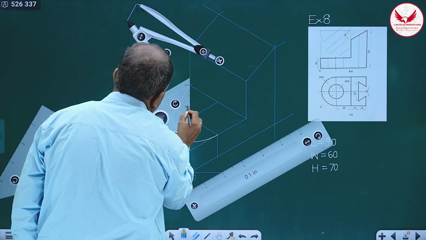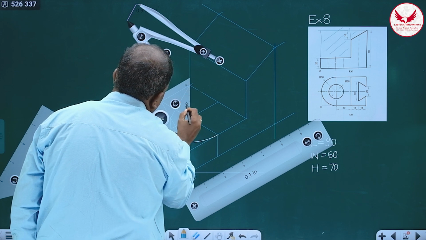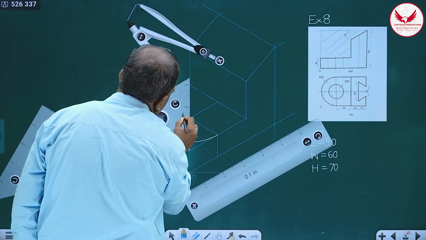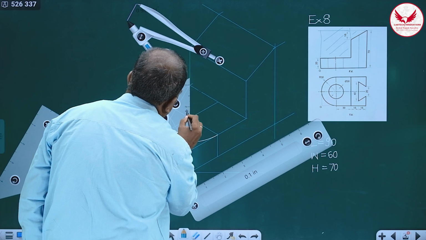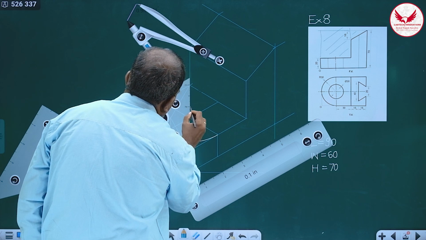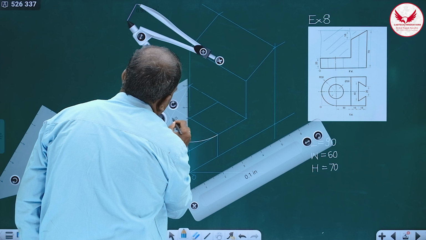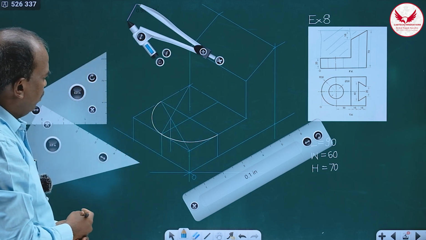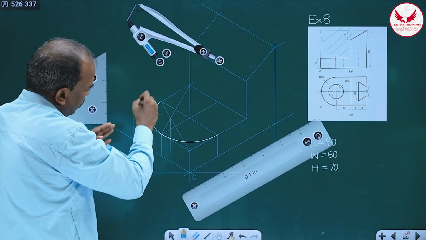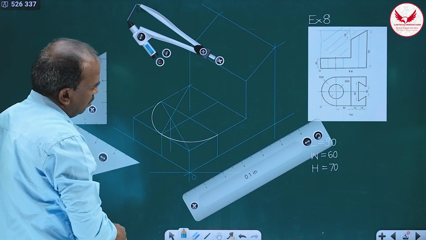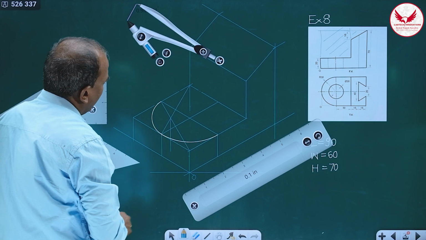By 20 means that center we are also shifting, or if some more line we have drawn, then mark the center at this place. So these are going to be 2 centers when we have shifted this semicircular portion by 20 mm in the downward direction.